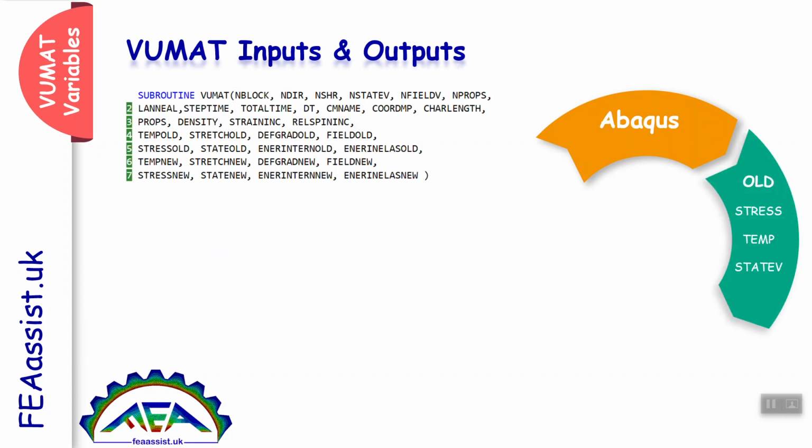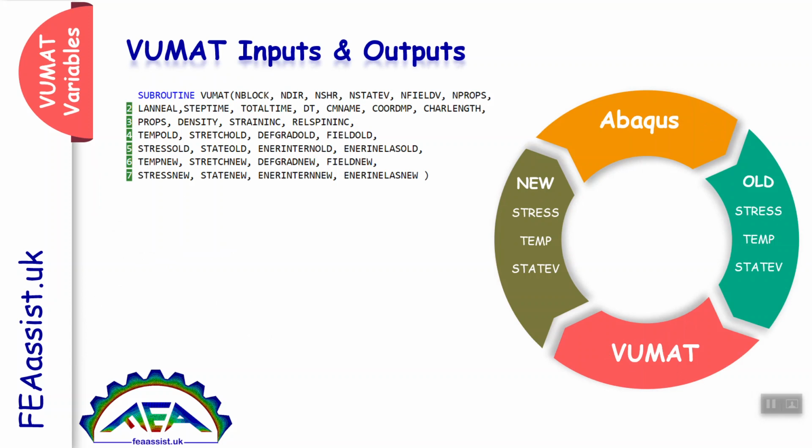The old values or the initial values are transferred to the VUMAT. Inside the VUMAT, we need to write a new equation or some new equations to redefine these values, and the new values of the variables return back to Abaqus. This is how Abaqus and VUMAT interact with each other, which is necessary to understand to write a good working VUMAT.